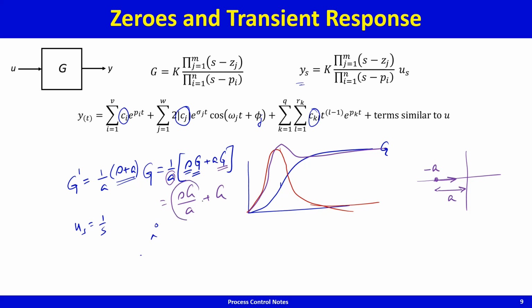You're magnifying this more and more, because A is becoming smaller and smaller. So therefore, as the 0 is moving rightwards, this hump will become bigger and bigger.